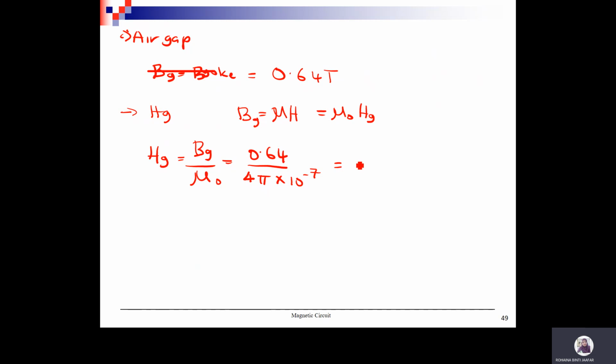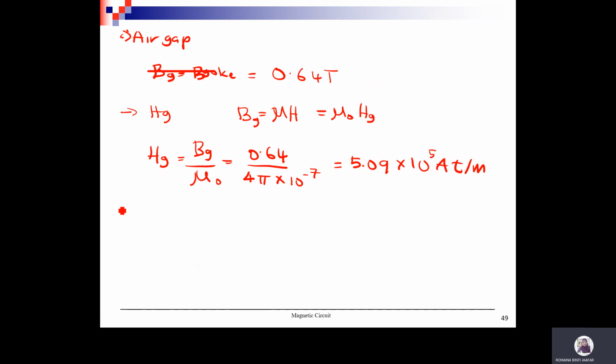So Bg is 0.64 over mu naught. Use your calculator, you will get 5.09 times 10 to the power 5 ampere turns per meter. Okay, so you have already completed finding B and H for each material.